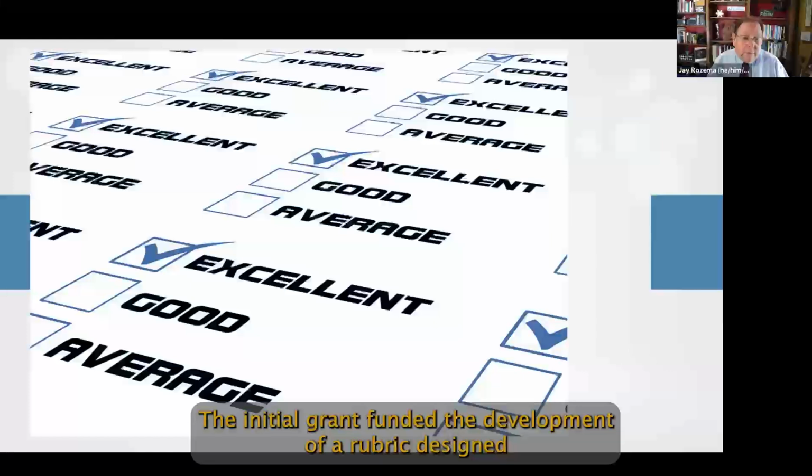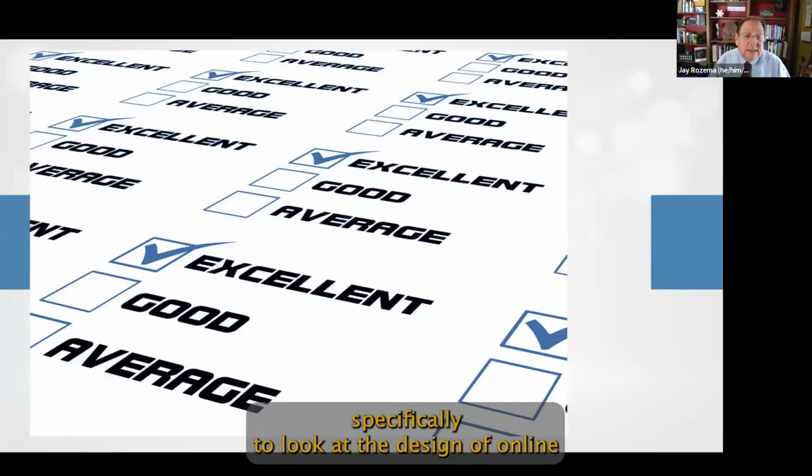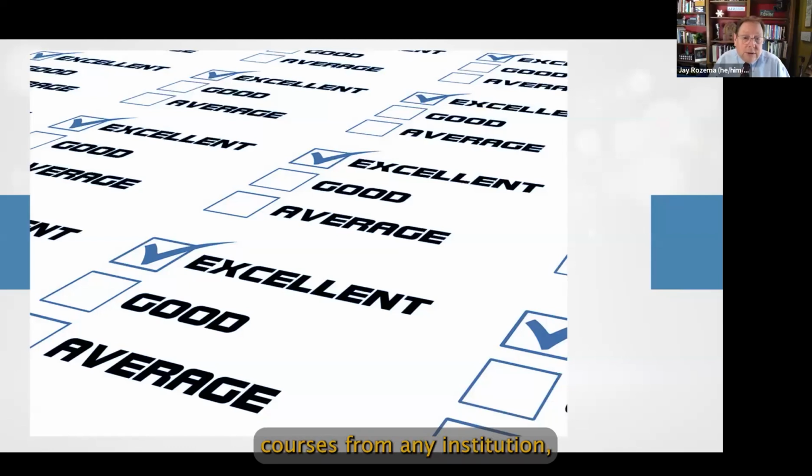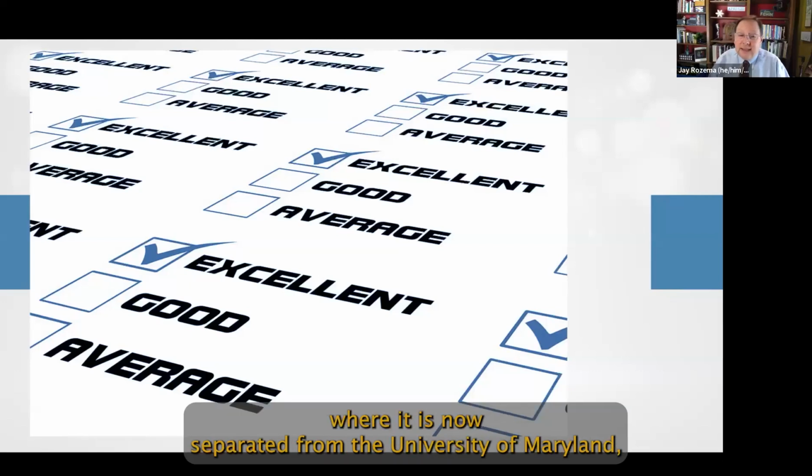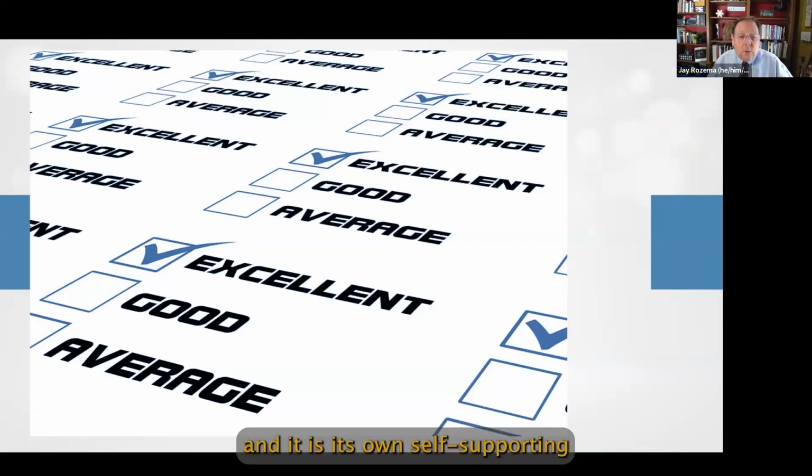The initial grant funded the development of a rubric designed specifically to look at the design of online courses from any institution. Over time, QM grew to the point where it is now separated from the University of Maryland, and it is its own self-supporting nonprofit organization.